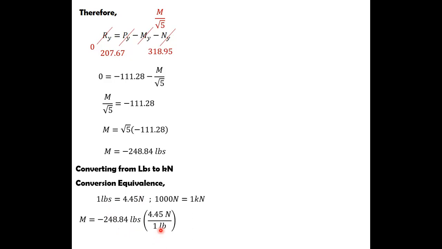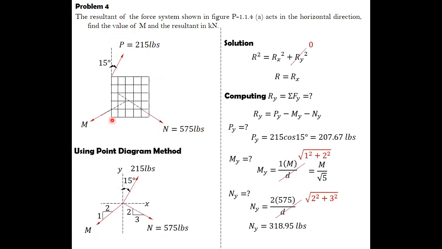And then to convert that to kilonewton, we have to multiply it again by 1 kilonewton over 1,000 Newton. So cancel out ang pounds, cancel out din ang Newton. So the value of m in terms of kilonewton is equivalent to negative 1.107. So we finally computed the magnitude of m. So let's proceed to the calculation of the resultant force na.